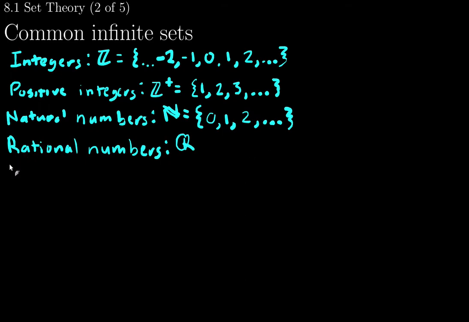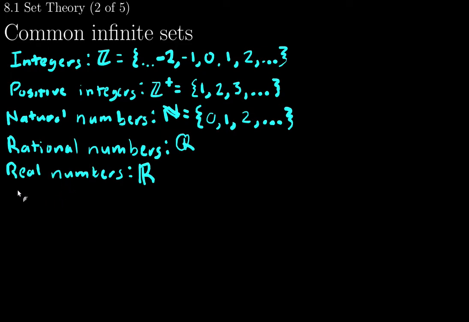Next we have the real numbers. The real numbers are the numbers that we've used almost exclusively throughout elementary school and high school. It's basically any number that we can put on a number line, including the integers, as well as anything between the integers. If it's one-dimensional, real numbers can cover that.